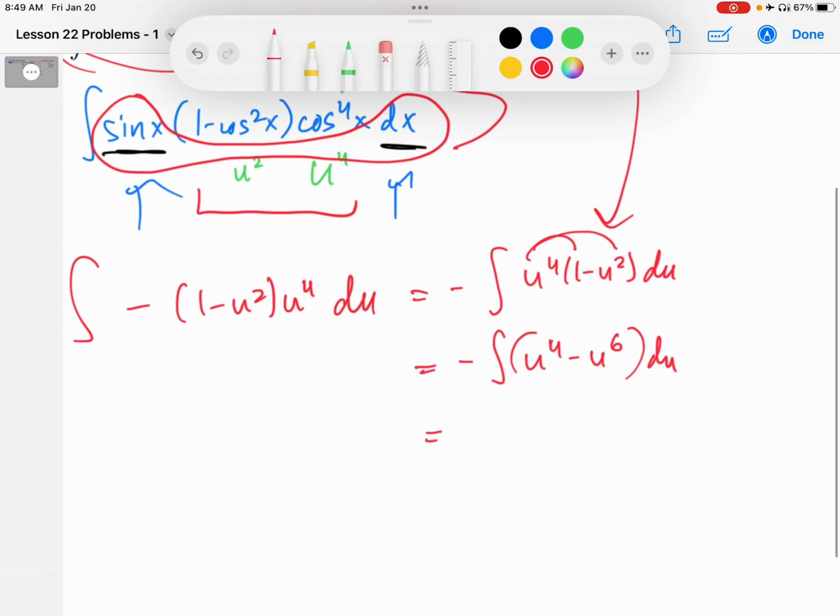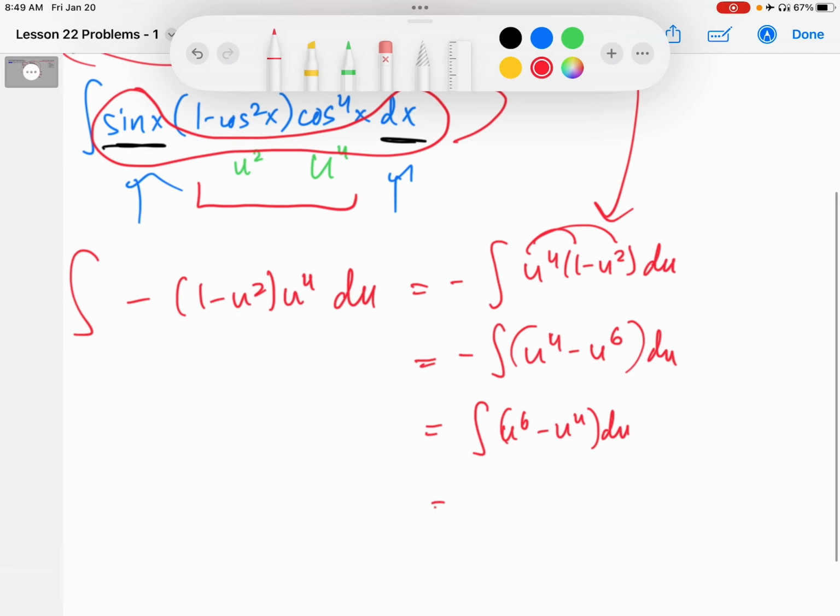And then if I multiply in the minus sign, it's u to the 6 minus u to the 4th du. We can do this now using the integral version of the power rule. So I add 1, divide by the result. Over here, minus, add 1, divide by the result. And then it's an indefinite integral, so plus c.